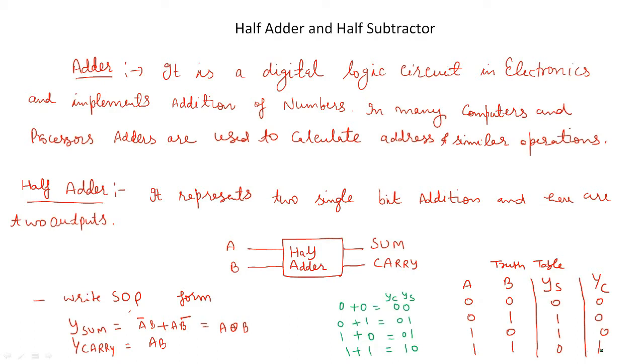So in SOP form it will be written as A B. These are the two outputs for the half adder, and we are using two single bits A and B as inputs.